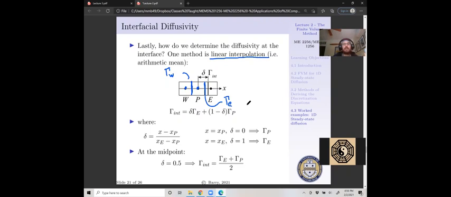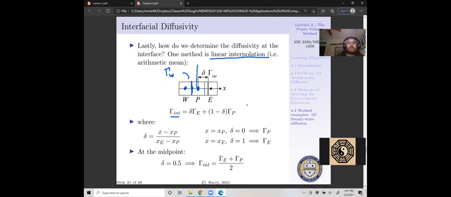Because the main method to determine an interfacial diffusivity is straight up linear interpolation via the lever rule. So if you know the temperature in your west cell, the temperature in your center cell, you can evaluate your two thermal conductivities and linearly interpolate to determine your interfacial diffusivity. That is, we can say our interfacial diffusivity is going to be delta, the distance that we move from P to east.